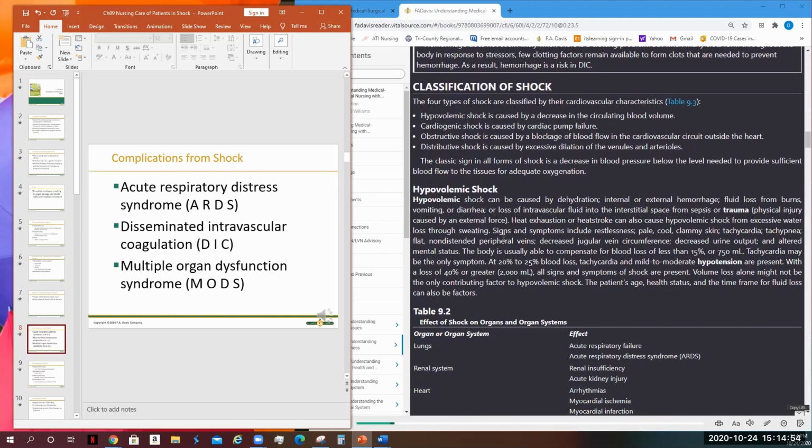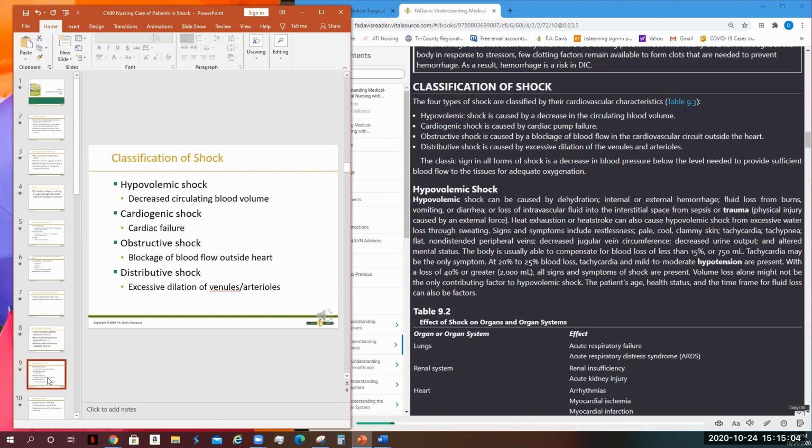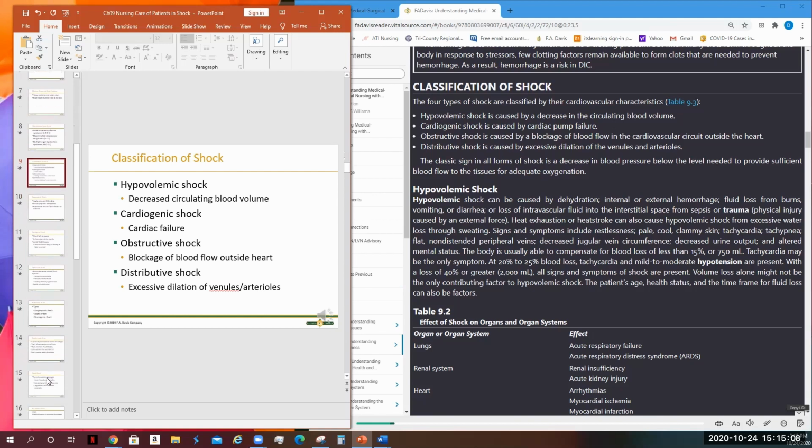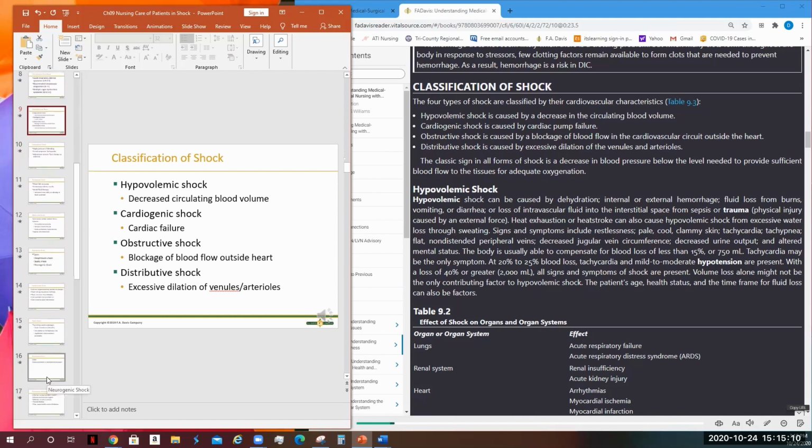Classification of shock. The 4 types of shock are classified by their cardiovascular characteristics. So, hypovolemic shock is caused by a decrease in the circulating blood volume. Cardiogenic shock is caused by cardiac pump or heart failure.